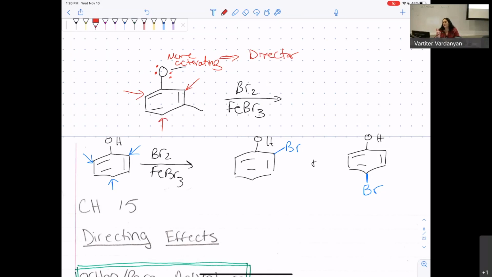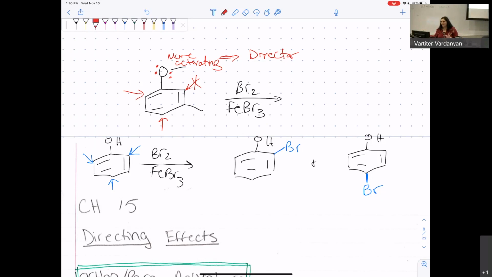Do we have three potential spots? No, why not? Yes. If it's between two pre-existing substituents, it's not going to go because it's too sterically hindered. That is one of my least favorite questions in this whole class. The difference between theoretically versus actually is: theoretically, how many spots could be substituted?